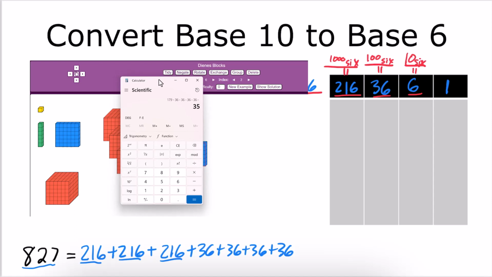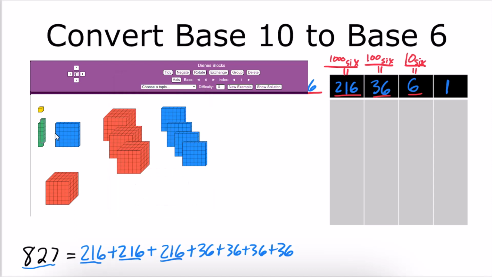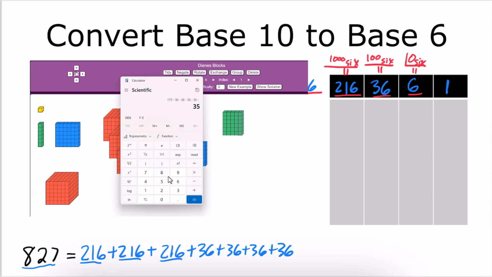So I'm going to move on to my next place value, which is the 6s column. And I should be able to do 5 of these. So there's 1, 2, 3, 4, 5. And the reason that I knew right off the bat that I could have 5 of them is because I have 35 blocks, and 5 of those green blocks is 30, because each one of them is 6, and 5 6s is 30.